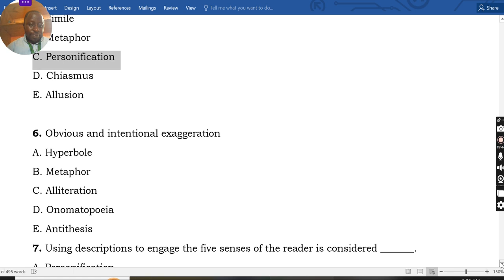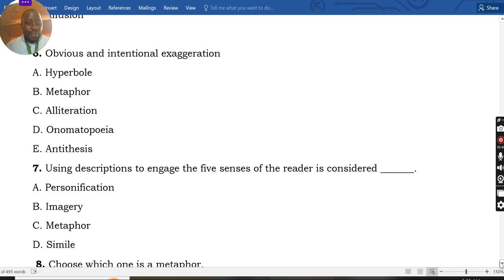Now let's go to number 6. Number 6 says, obvious and intentional exaggeration. So here, dear student, the keyword is exaggeration.